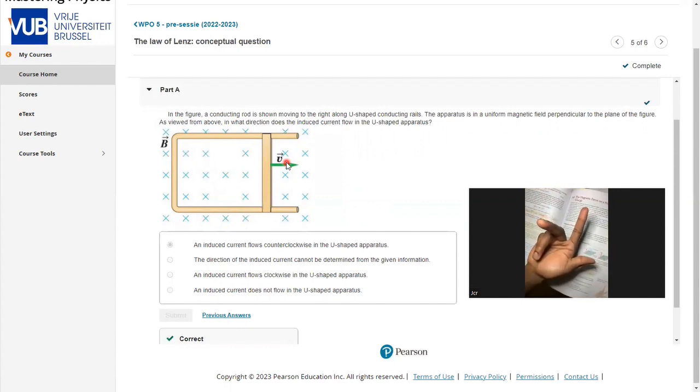So basically, what I say is that the induced current flows counterclockwise in the U-shaped conductor.